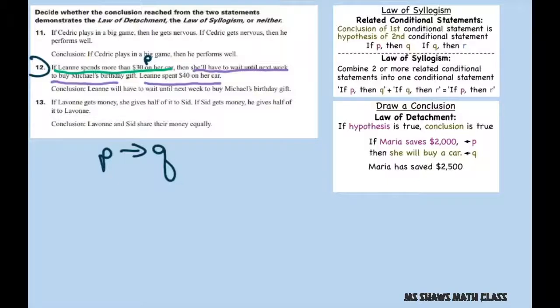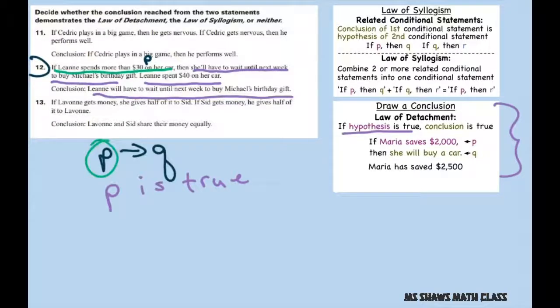So P is true. She spent more for her car. So P is true. And the conclusion is Leanne will have to wait to buy Michael's birthday gift. So that means that's a law of detachment. If the hypothesis is true, then the conclusion must be true. So that is your law of detachment. So Q is also true, your conclusion.